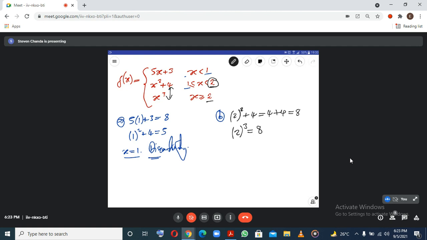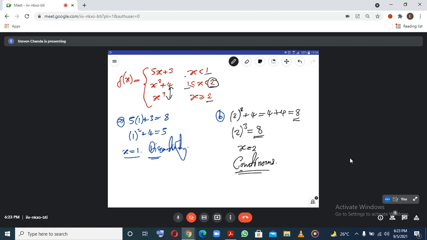So you see those values are the same. Therefore, at x equals 2, the function is continuous. So that's basically about it. It's very important to take note of this.